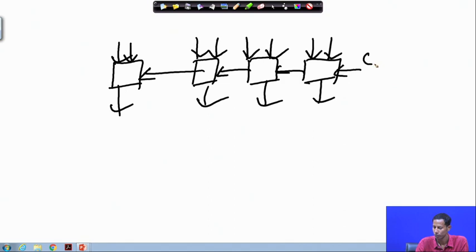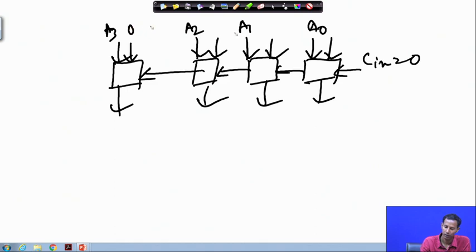Okay. So, C in equals 0, here this is A3, A2, A1, A0, but here what is happening? This is 0, this is 0, this is 0, this is 1. So, that means now for the sum, what will be the expression for this?